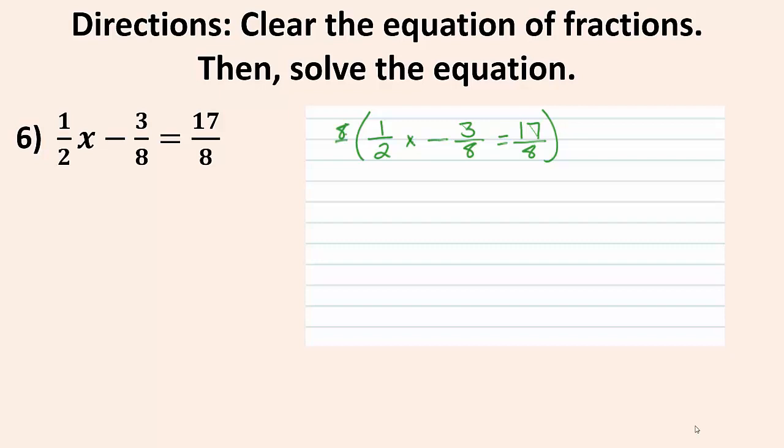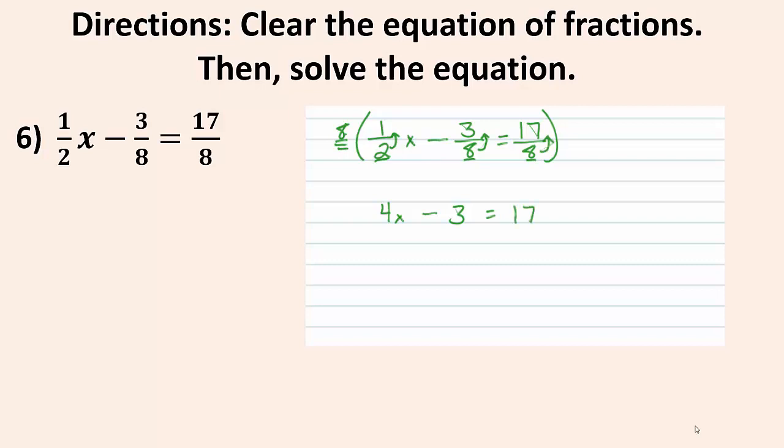So again, 8 divided by 2 is 4, times 1 is 4. 8 divided by 8 is 1, times 3 is 3. 8 divided by 8 is 1, times 17 is 17.